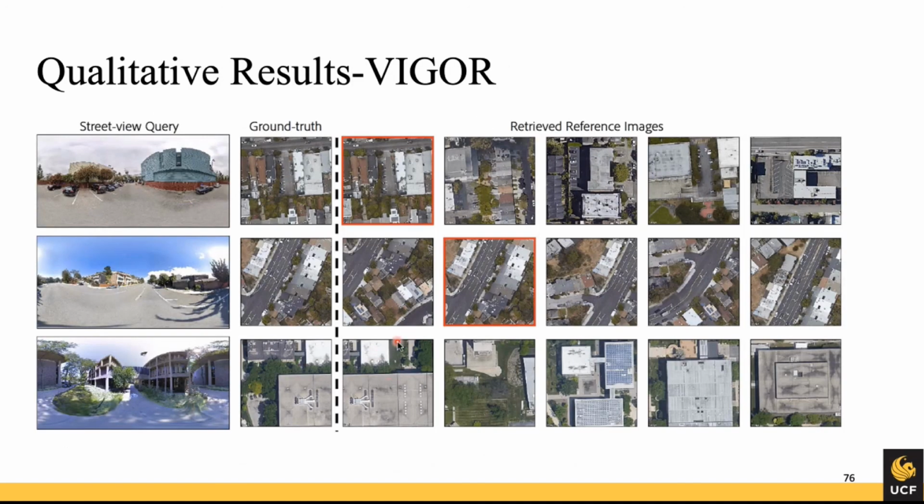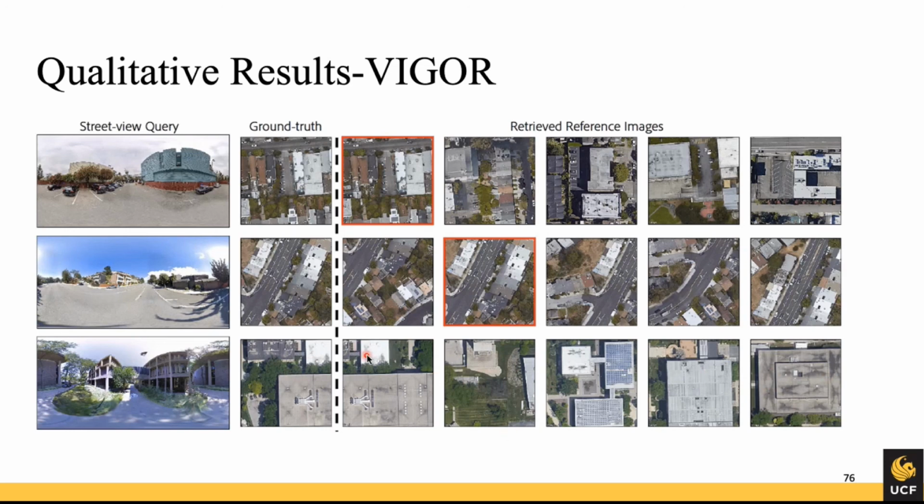And here are some visual examples showing the retrieval performance. The red indicates the top one retrieved image, which corresponds to the ground truth. The second example shows the ground truth actually ranks second in our top retrieved images. And the third one we consider a failure case because the ground truth is not in the top 5 retrieved images.